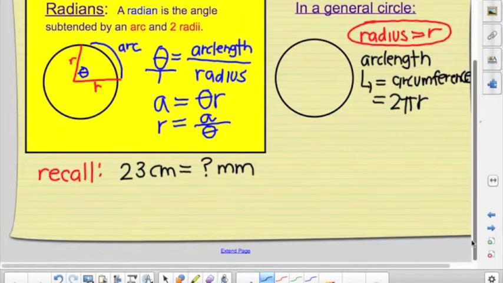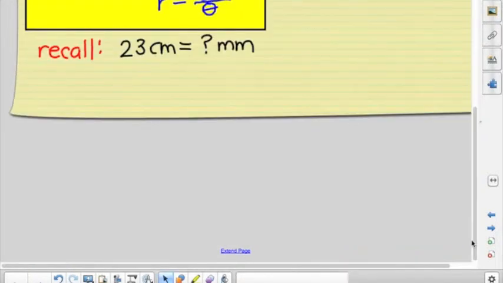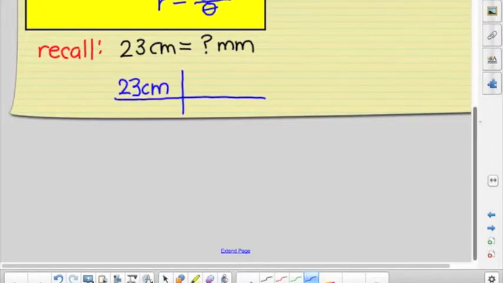So this is grade 9 mathematics again. This is how I would do this. 23 centimeters, I would have to figure out, first of all, in 1 centimeter, I know there are 10 millimeters.